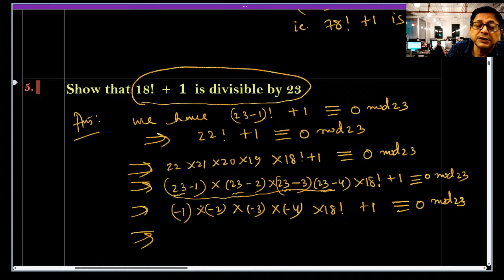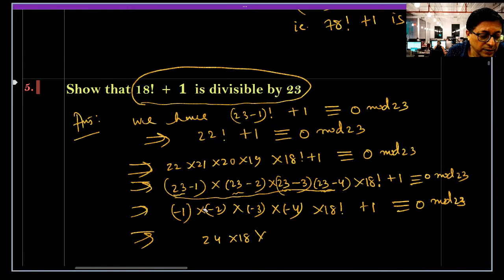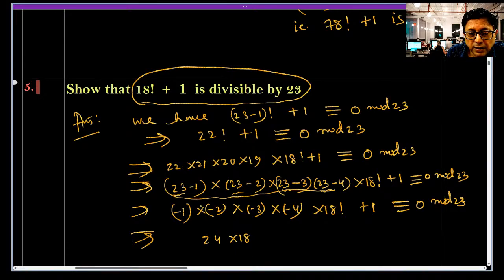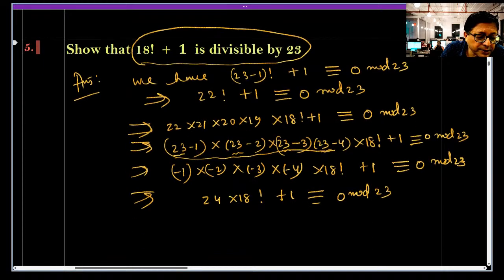This implies, this is what? 2, 6, 24. So 24 into 18 factorial plus 1 congruent with 0 mod 23. Am I correct?